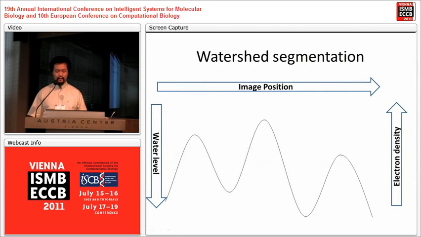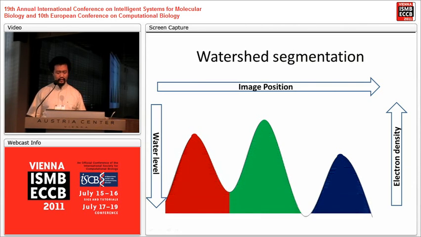For the segmentation step, we use a watershed algorithm. Simply speaking, we first find the local maxima of the tomogram image, and then we lower the image intensity cutoff and extend the regions starting from these local maxima until they meet each other.